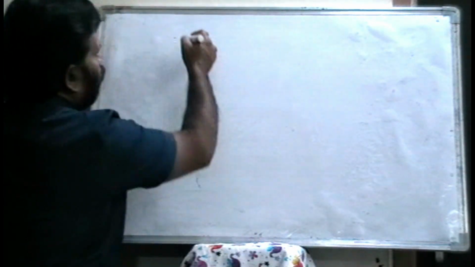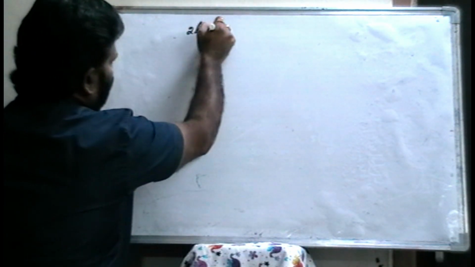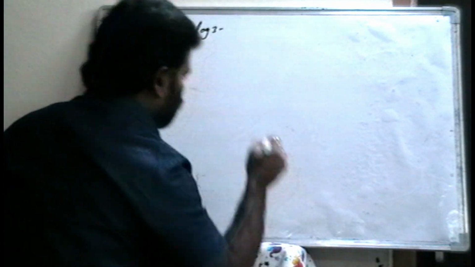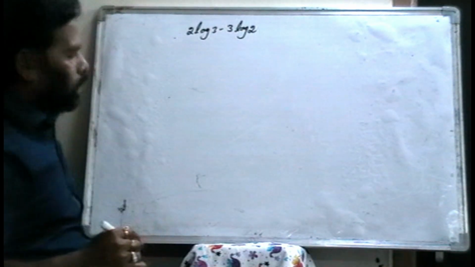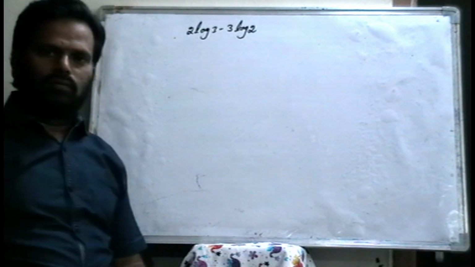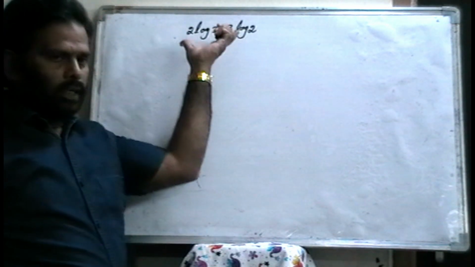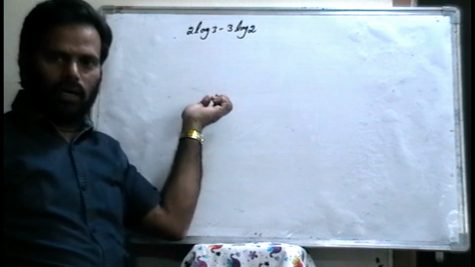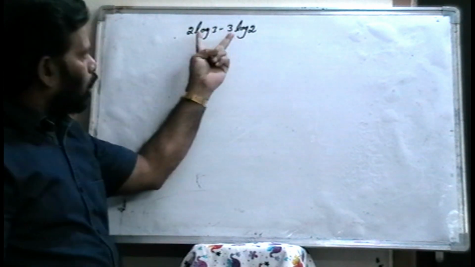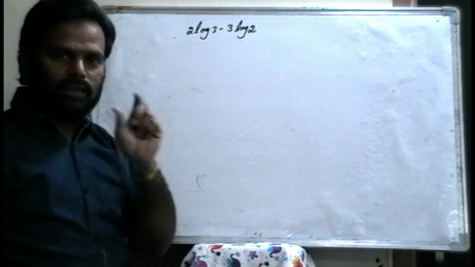For example, 2 log 3 minus 3 log 2. Here the sum changes, that means minimize, or express as a single logarithm. Here 2 logs are there, express as a single logarithm.